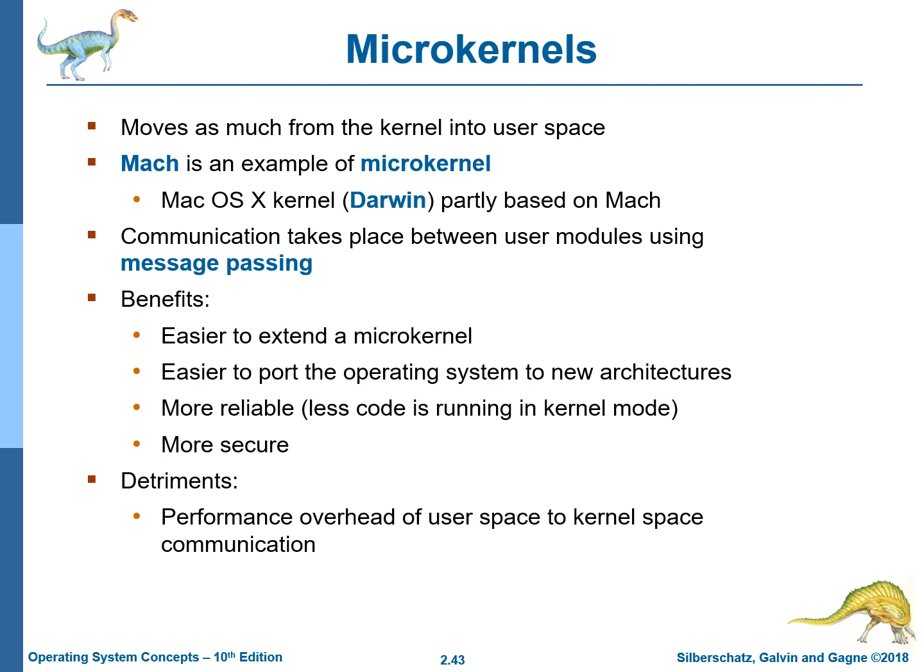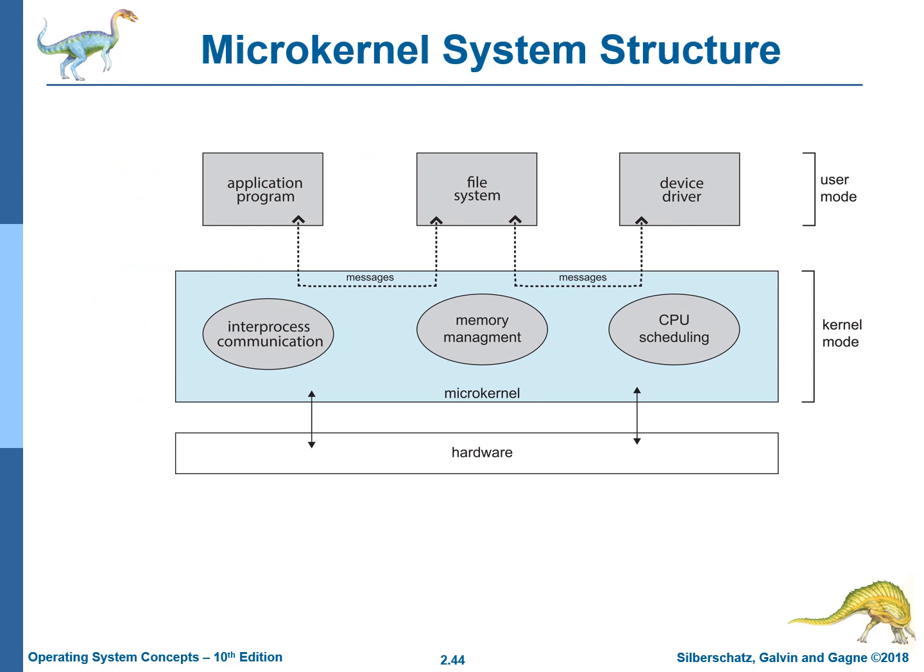The benefits are that it is easier to extend a microkernel, easier to port the operating system to new architectures, more reliable, since less code is running in kernel mode, and more secure. The detriment is the performance overhead of user space to kernel space communication. This is the microkernel system structure.